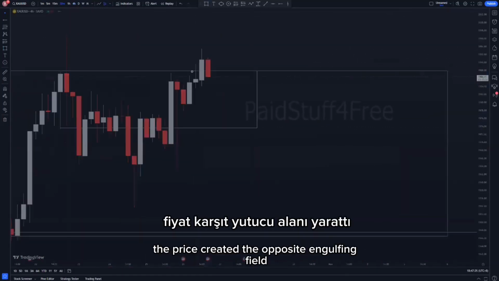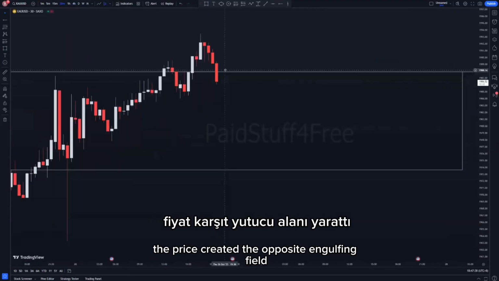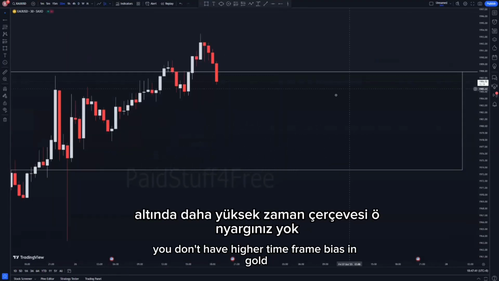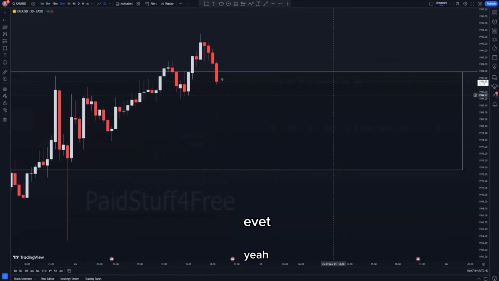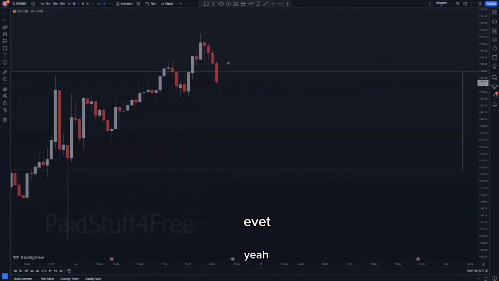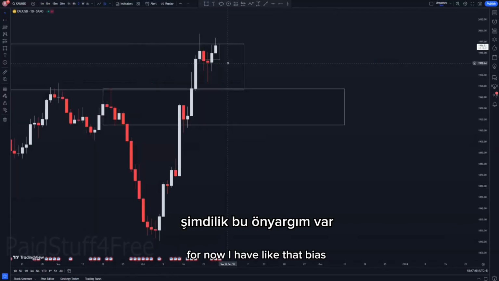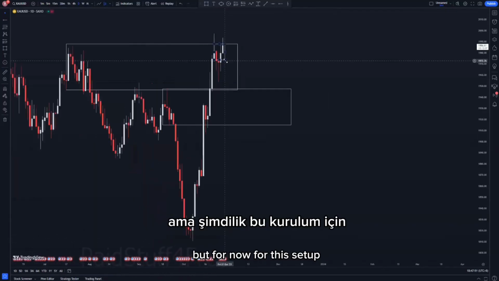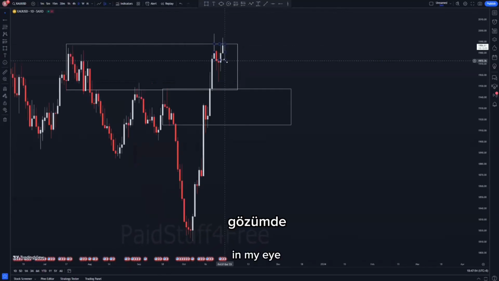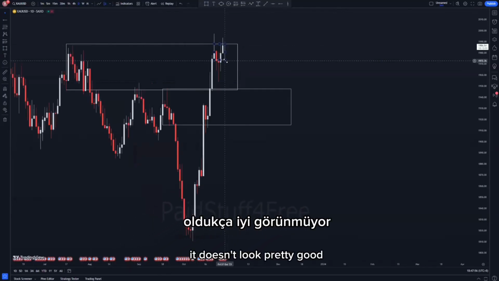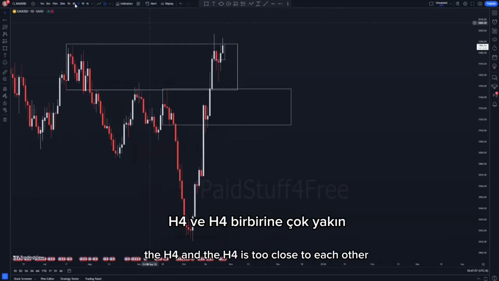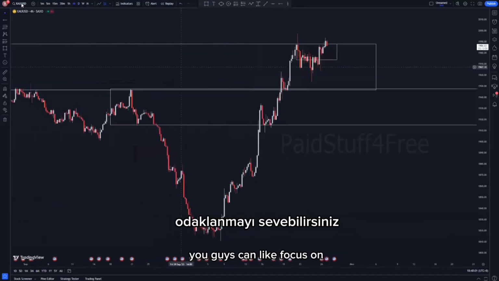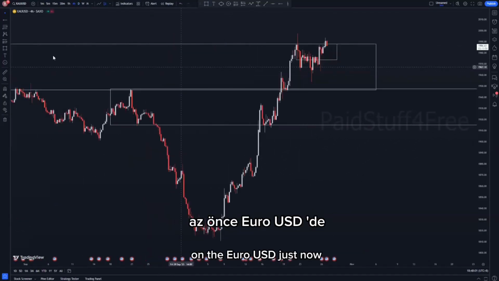If inside of this one the price creates the opposite engulfing, then you guys know what will happen. So for now, you don't have higher time frame bias in gold? Yeah, I have that bias on the higher time frame, but for the setup, in my eye, it doesn't look pretty good because the H4 and the H4 are too close to each other. You guys can focus on the Euro USD just now.